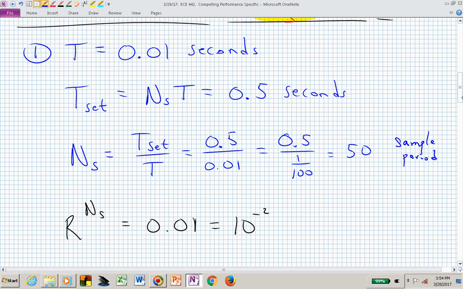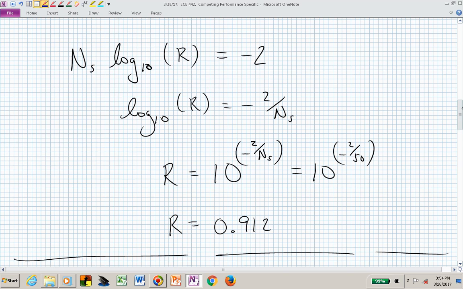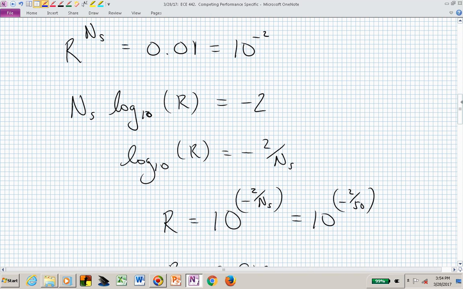We can now solve that for r sub s by taking the log base 10 of both sides of that equation. Logarithms are just exponents, and since 0.01 is 10 to the minus 2 on the right-hand side, the property of powers and logarithms allows us to pull that exponent out in front of a log, so that we now have n sub s log base 10 of r.